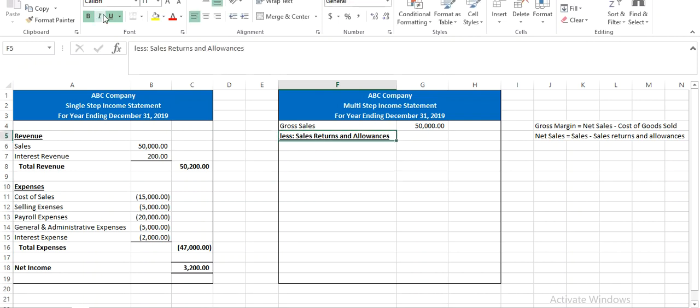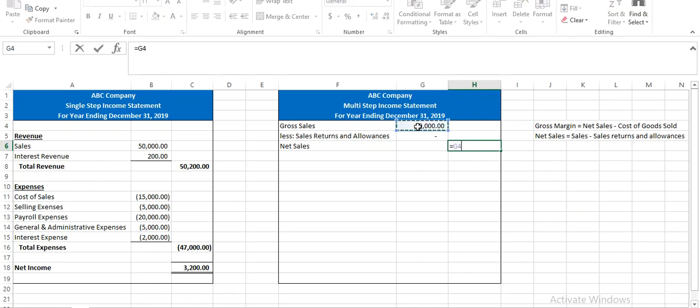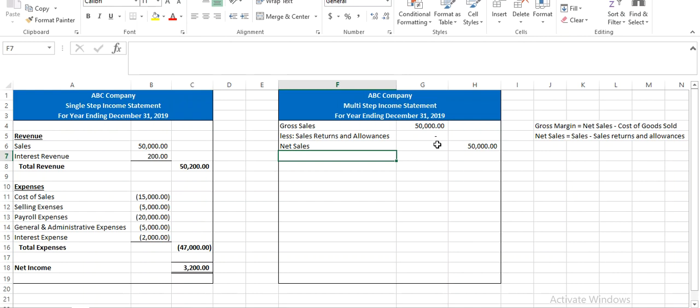And as we said, there were no sales returns and allowances, so that's 0. And so our net sales then is the 50,000 minus 0, which gives us 50,000.